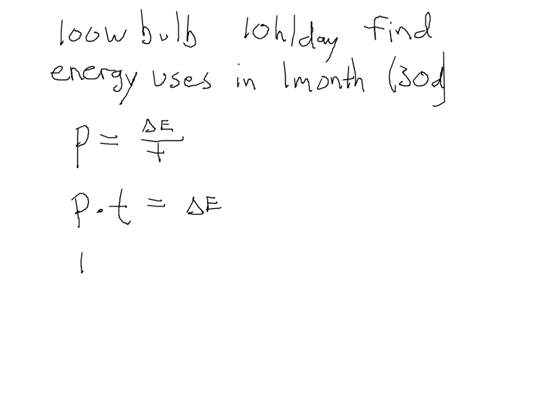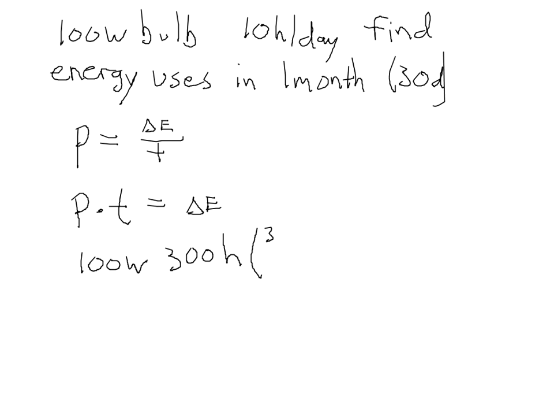Okay. The power is 100 watts. The time is 10 hours per day times 30 days. That would be 300 hours. But I need to convert that into seconds if we're going to get an answer in standard units.